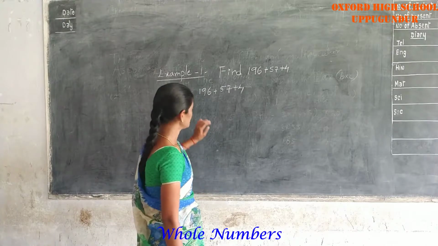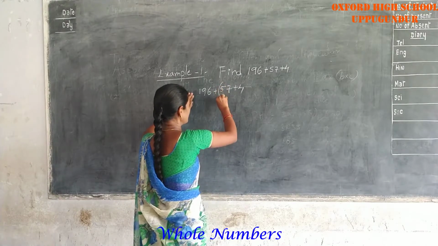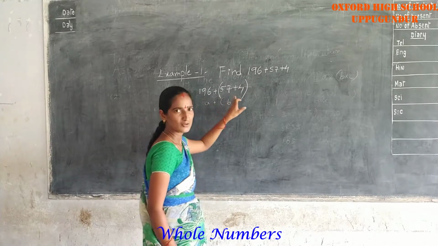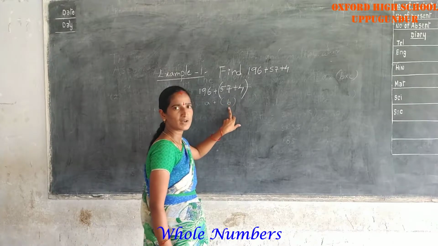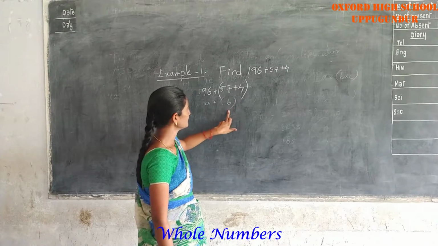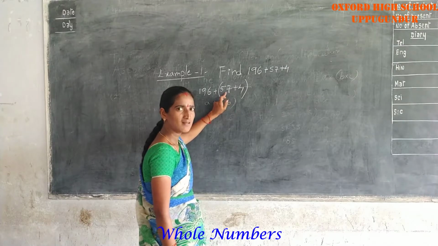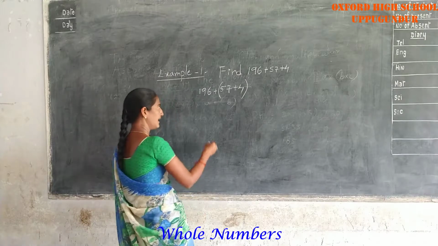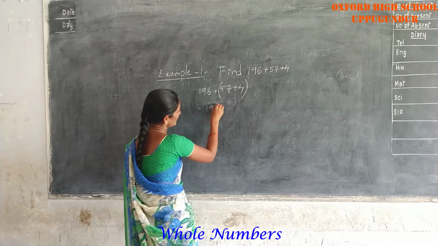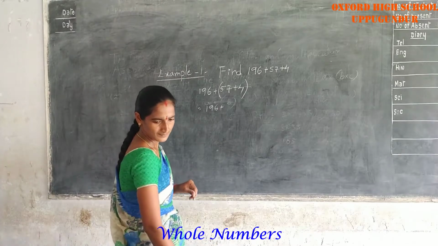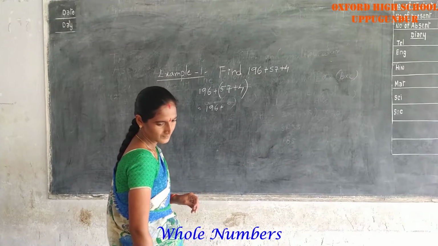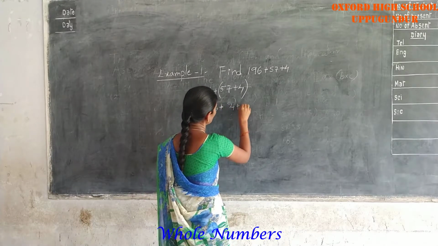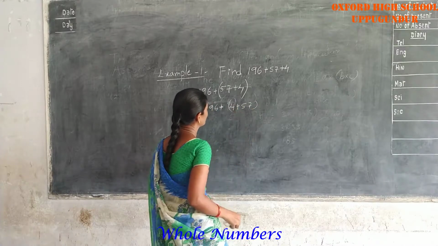Solution. The given problem is A plus B, these 2 numbers as 1 number. B value is 57 plus 4. So A plus B is 196 plus 57 plus 4, and 196 plus 4 plus 57.